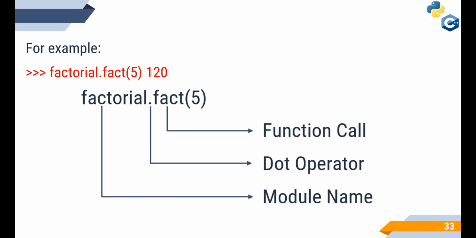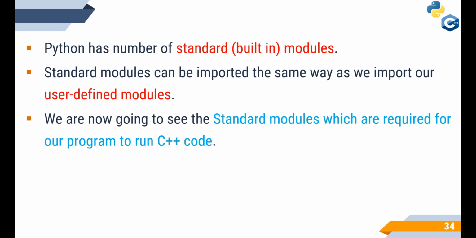Here, factorial dot fact of 5 gives 120. Fact of 5 is the function called, dot is the dot operator, and factorial is the module name. Now Python has a number of standard modules, which means built-in modules.